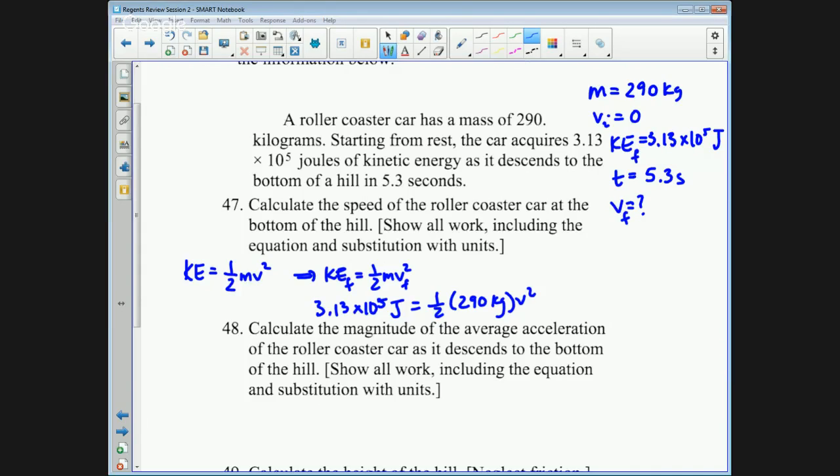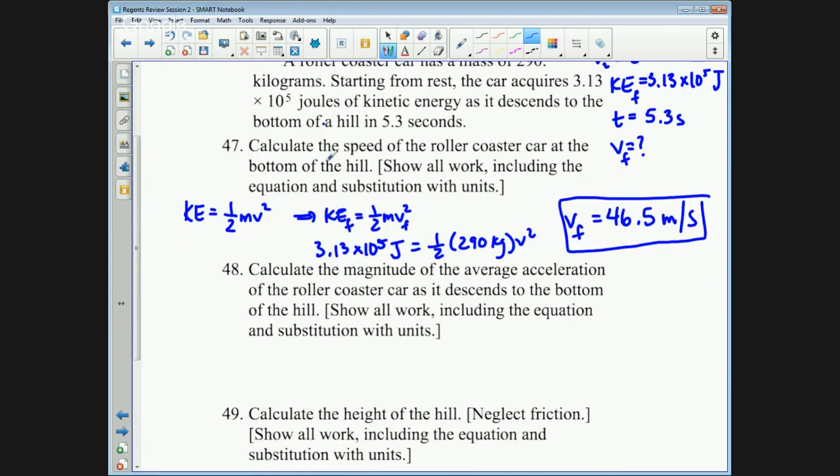If I take the square root of 2,158.62, it equals approximately 46.4. So the final speed after I take the square root is approximately 46.5 meters per second, right? So that's the answer for number 47.